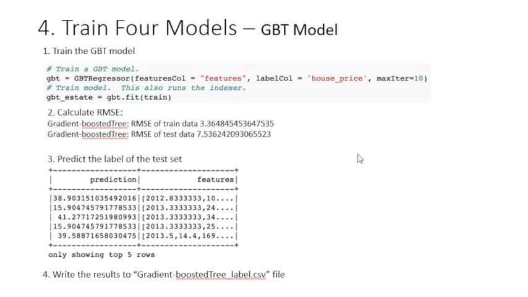For the last model, we do the same thing: train the gradient boosted tree model, calculate the root mean square error, predict the labels of the test set, and finally write the result to the file.